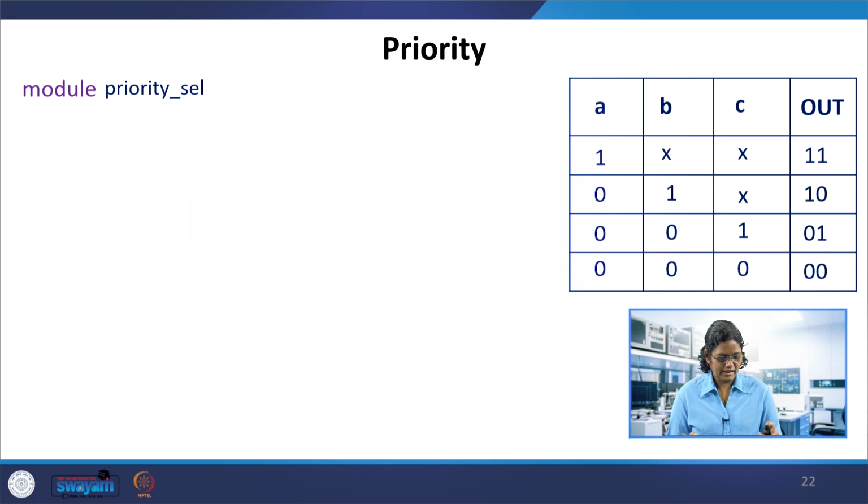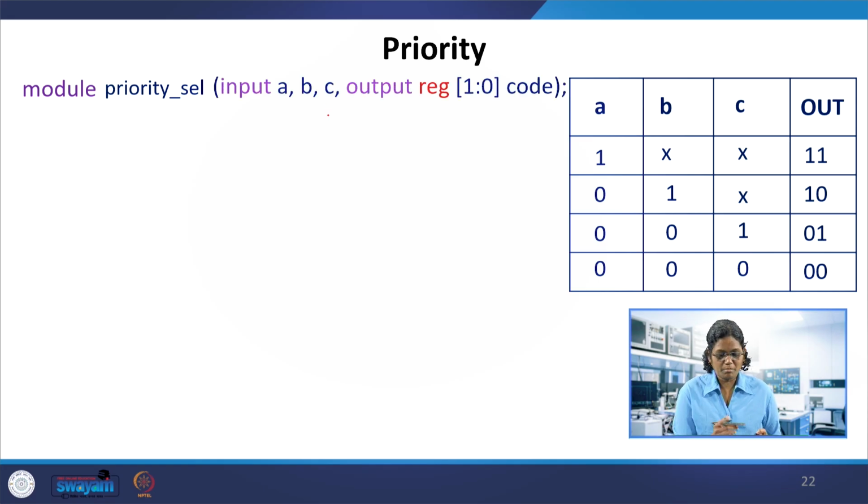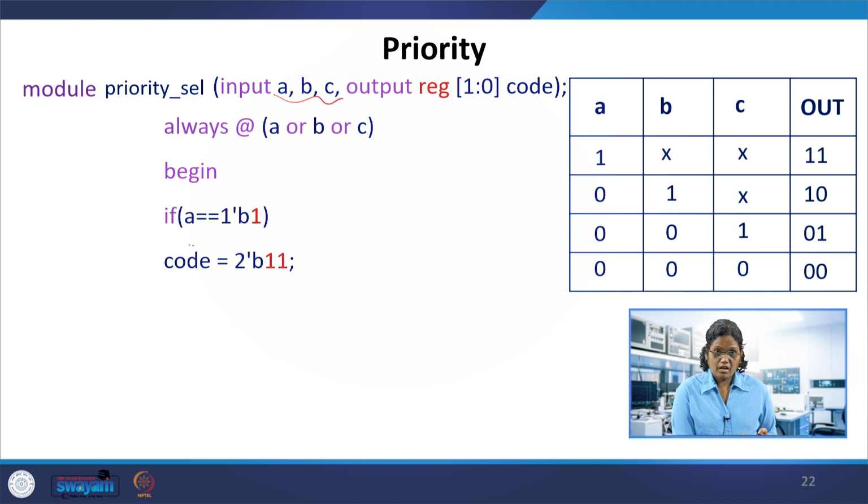Module priority select, this is the module name, and the inputs A, B, C are 1 bit, output is 2 bits, which is code. What we have is 2 bits. Reg declaration, we are going to use it in the always block, always at A or B or C, so all of them are in the sensitivity list. Begin. If A equal to 1, first it checks with the if statement. If it is 1, code is 1 1.